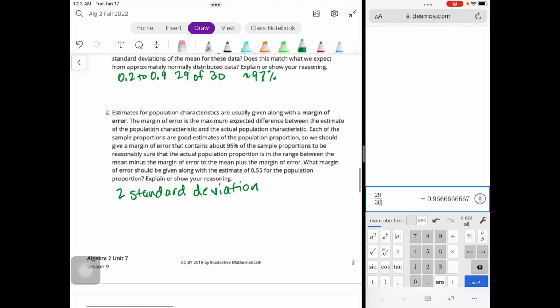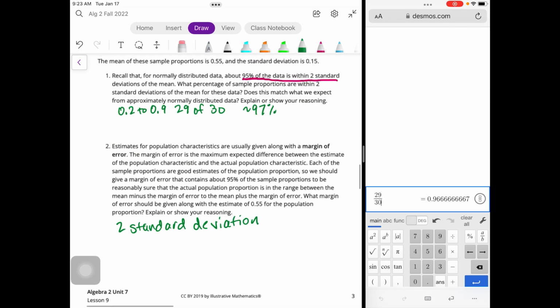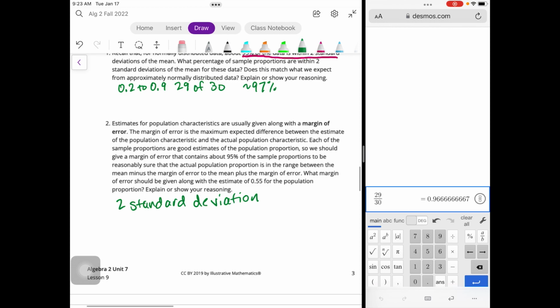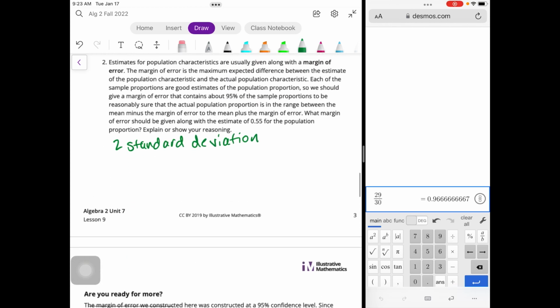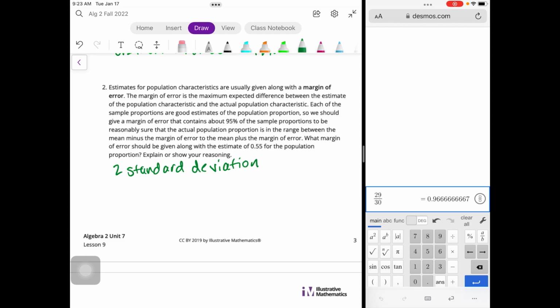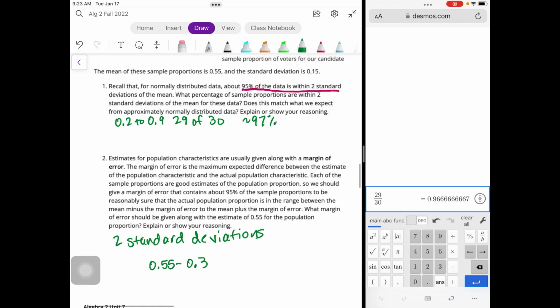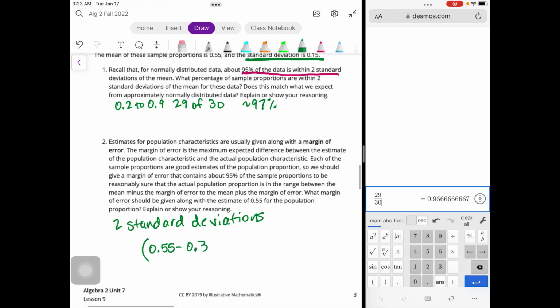So the mean of the sample proportions was 0.55, then we're looking at 0.55 minus 2 standard deviations, which we already found was 0.3, because we did that up here when we were looking at the standard deviation being 0.15. So the lower limit is minus the 0.3, and the upper limit is plus the 0.3. And if you add those two numbers together and divide by 2, you should always get that sample mean.